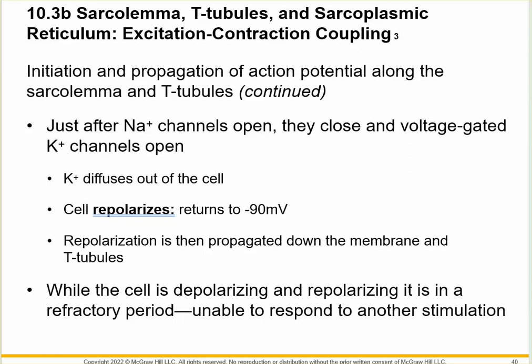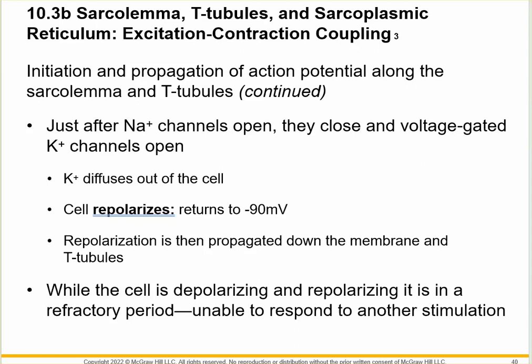And we have to reset the right balance of ions using ATP and the sodium potassium pump, and that takes time. If there's sodium outside, you open another ligand chemically gated sodium channel at the motor end plate, nothing's going to happen because there is no concentration gradient yet.